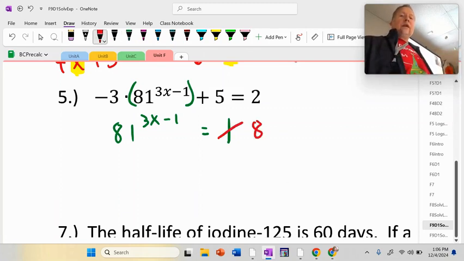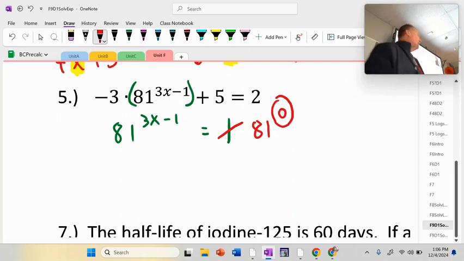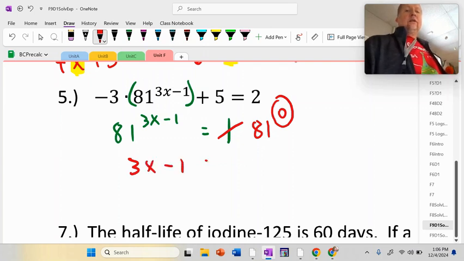What is 1? 81 to the what power? 0. Isn't that going to happen anyway? If I change this to a logarithm, it's going to be log base 81 of 1. What is log base 81 of 1? 0. Okay, and then add 1, divide by 3.